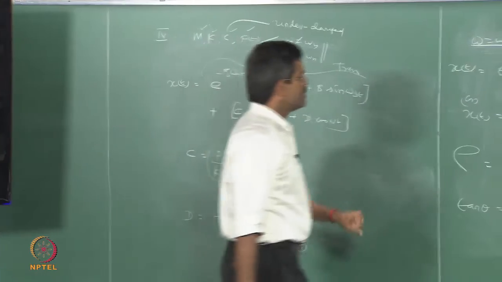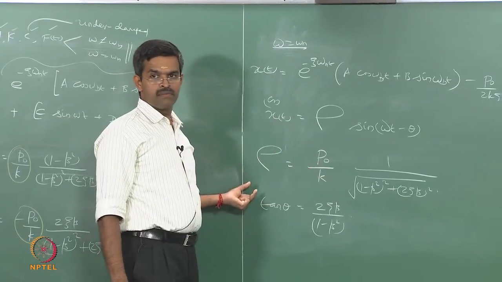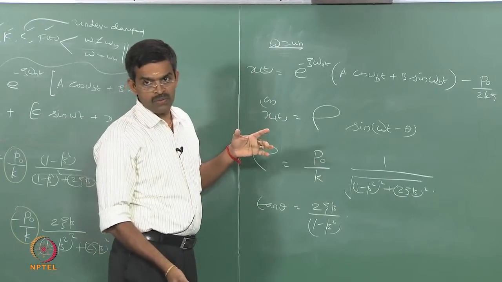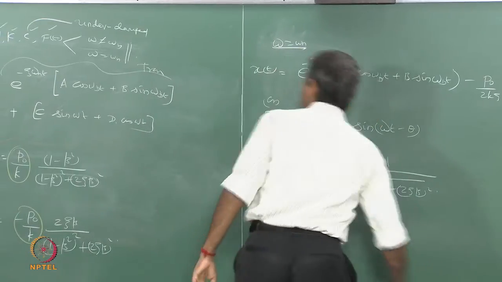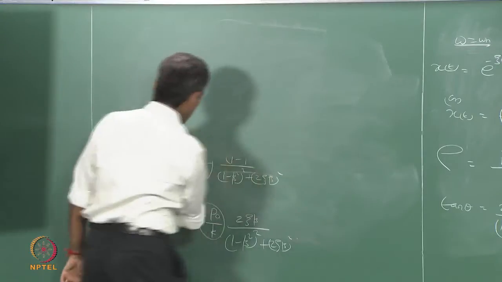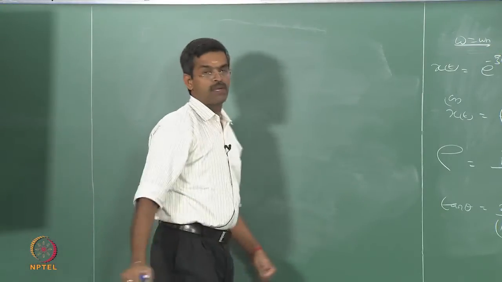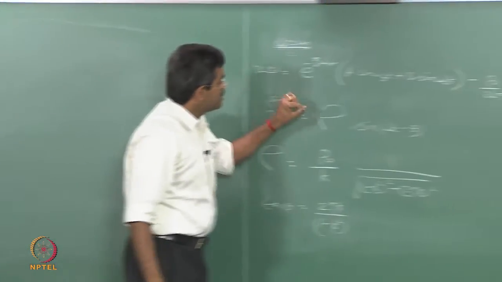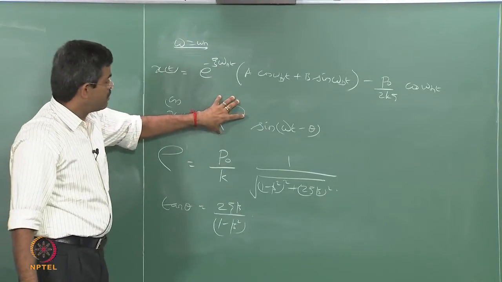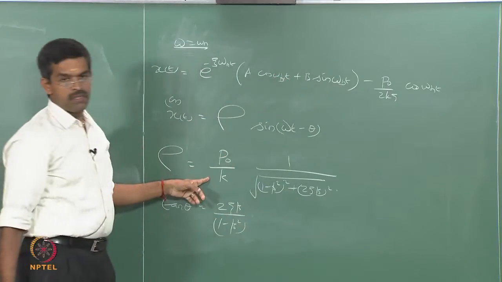So, from this I can say x of t by x static, which is my ratio of response, will now give me the dynamic amplification factor. Why? Because you see that the amplitude of the response finally is getting magnified relative to the static response.